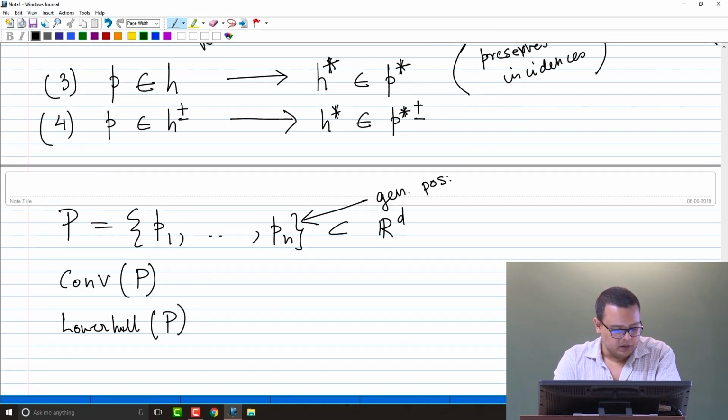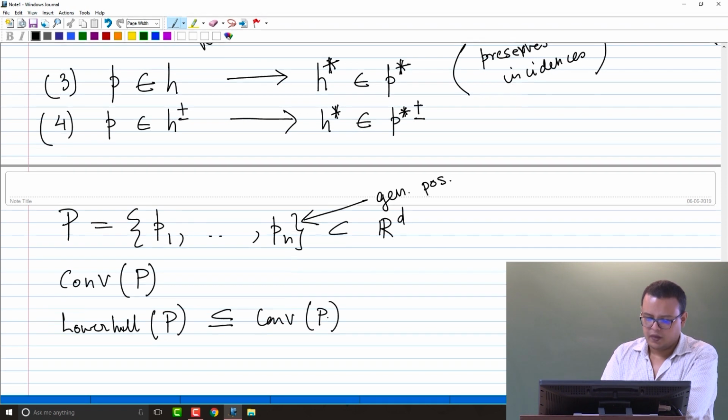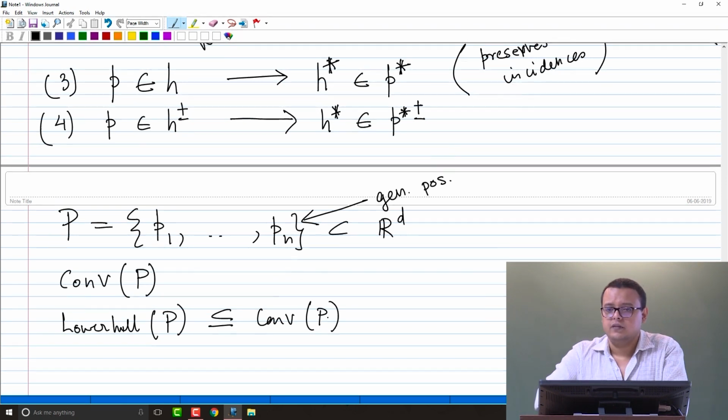Okay, so I want to define the lower hull of P. This will be a subset of the convex hull of P. So take any d plus 1 points, they will be affinely independent. So assume n is larger than d plus 1.